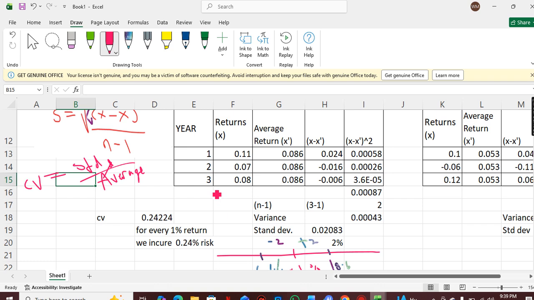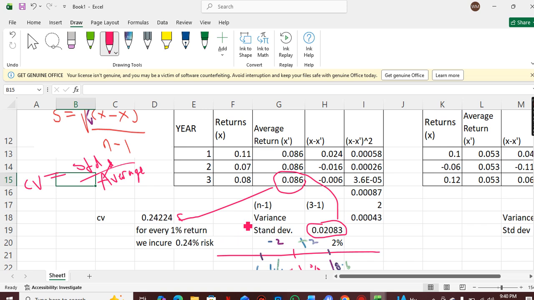So for investment A, the standard deviation 0.02083 divided by 0.086 is how we got 0.24.